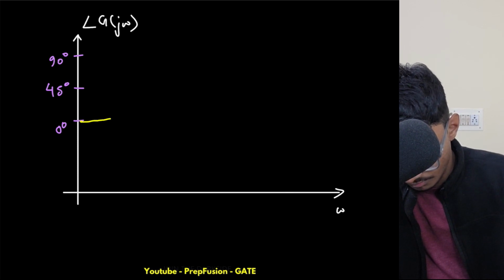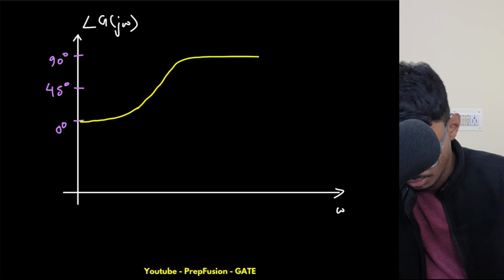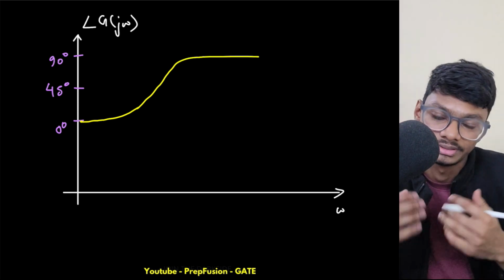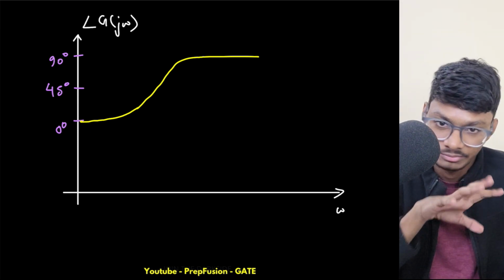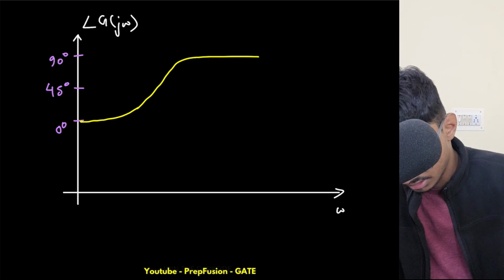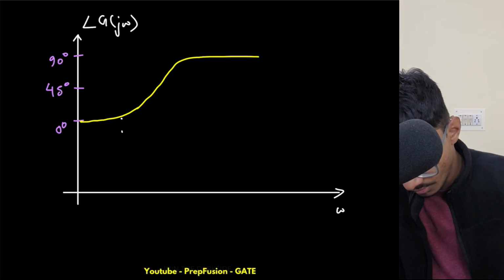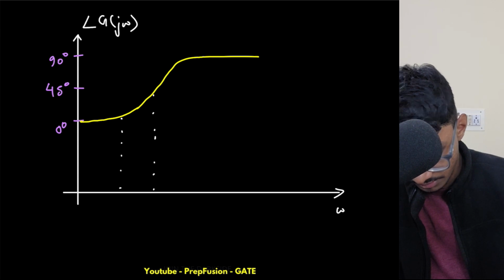It will look something like this. I won't be able to plot exactly like that, but just understand the shape will be something like this. And what are the individual points? So let's say these are some individual points.